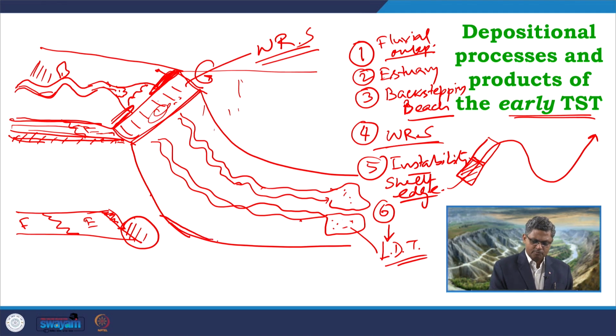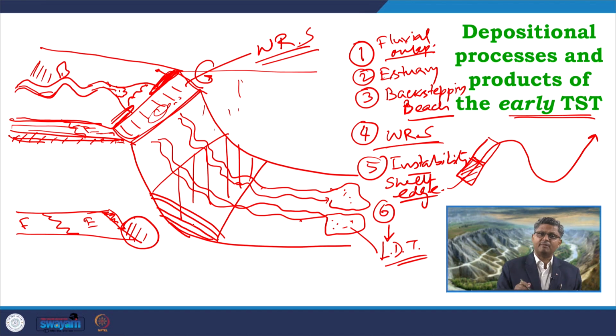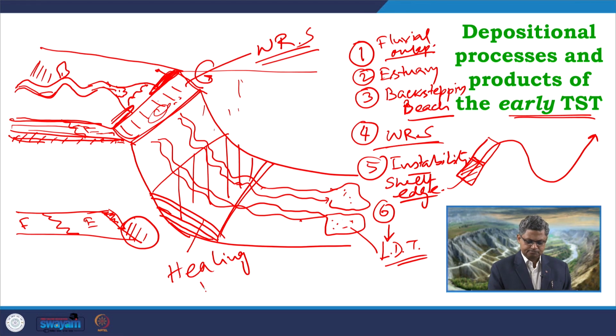So, they will form this kind of deposits over here in this particular zone. So, this area will be covered up by this kind of sediments, dominantly by fine grain sediments deposited from suspension. So, these sediments occupying the slope area, covering up the slope area and gradually onlapping the slope area, they are called the healing phase deposits.